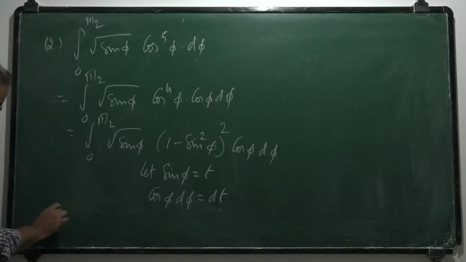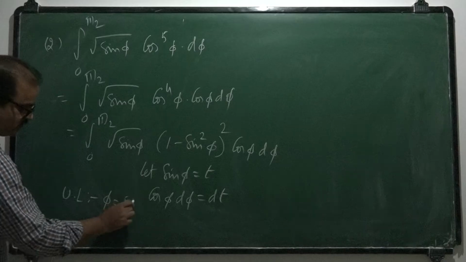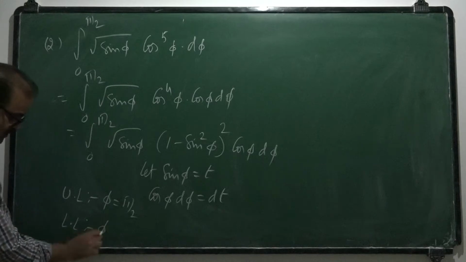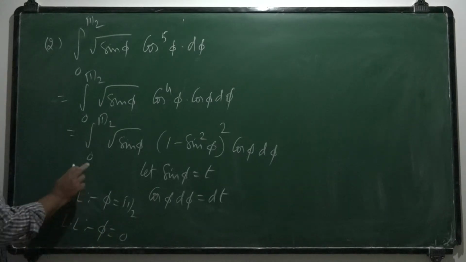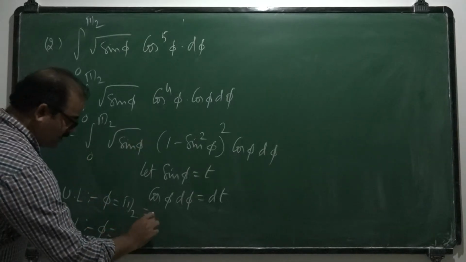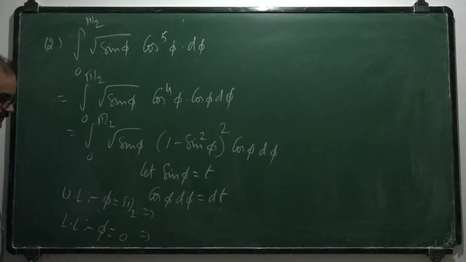What is the upper limit? Phi is equal to pi by 2. What is the lower limit? Phi is equal to 0. These are the limits to the variable phi. Now write these limits in terms of t.